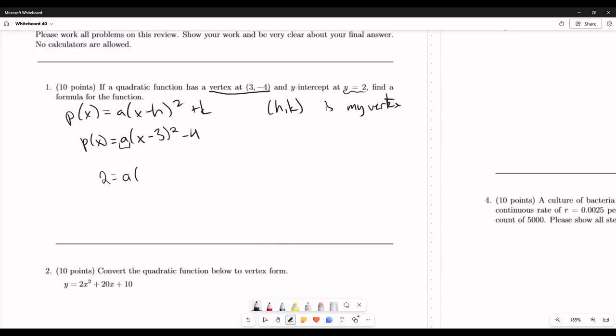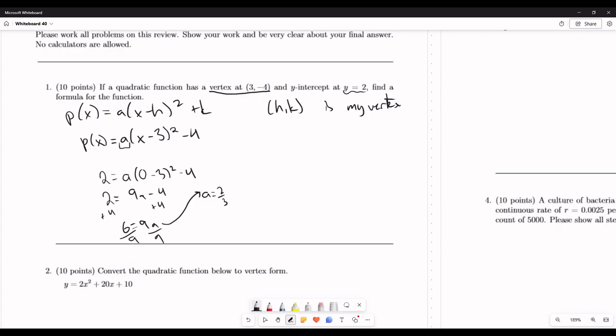2 equals a times (0 minus 3) squared minus 4. Doing a little bit of simplification, we get 2 equals 9a minus 4. Maybe we add 4 to both sides, we get 6 equals 9a. And divide both sides by 9, we get a equals 2/3.